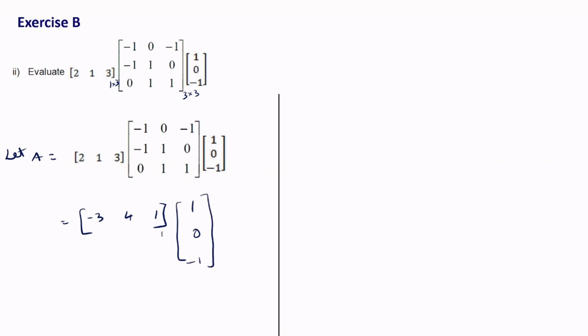So this is a matrix of order 1 by 3 and this is a matrix of order 3 by 1. So we will get a matrix of order 1 by 1. So this is minus 3 into 1 plus 4 into 0, 0 plus 1 into minus 1, minus 1. So this is minus 4. So the value of this matrix is the matrix minus 4.